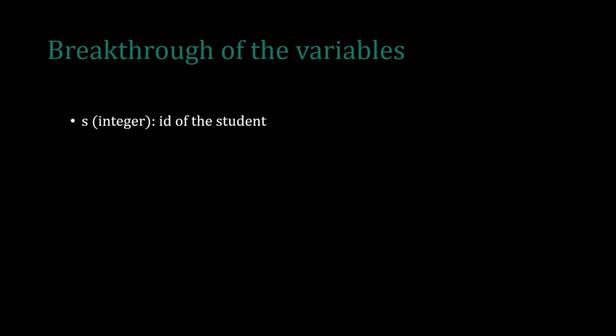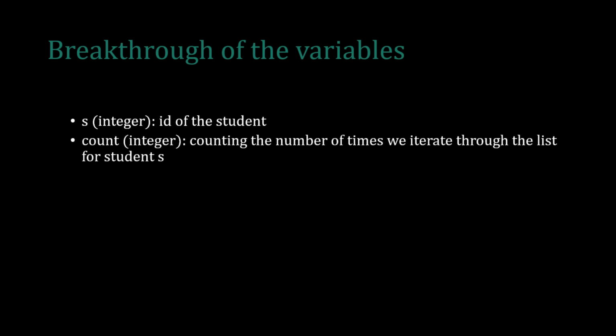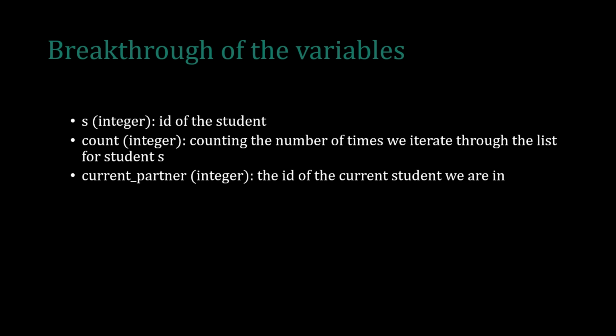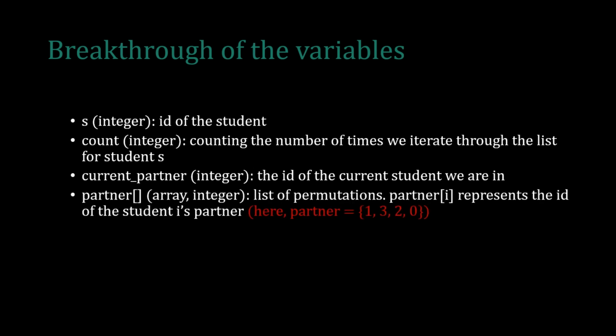We have S, which is the ID of the student we are currently in, the one for which we want to print the number of days. Then we have the count variable, which is an integer, counting the number of times we iterate through the list for student S. Then we have current partner, which is the student we are currently at during our journey, an ID.